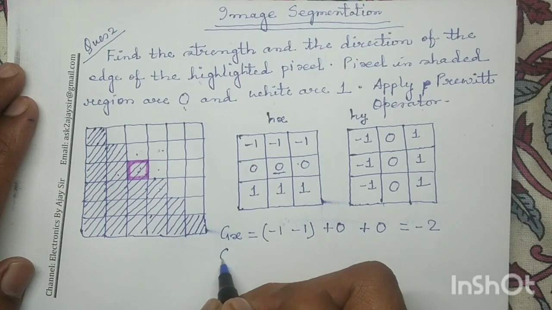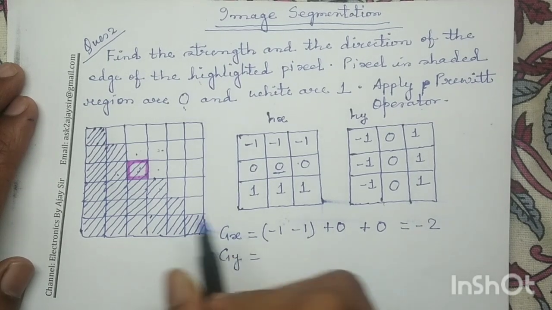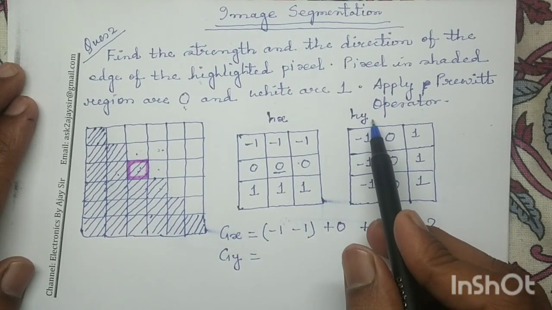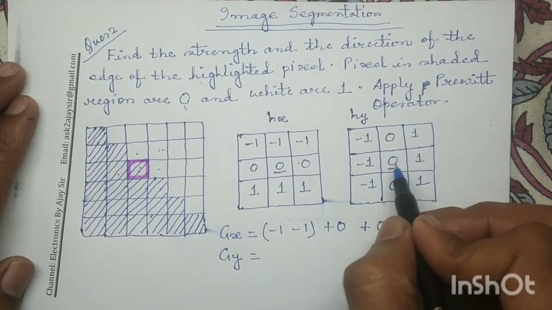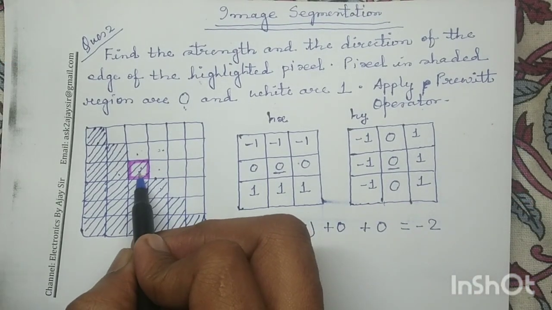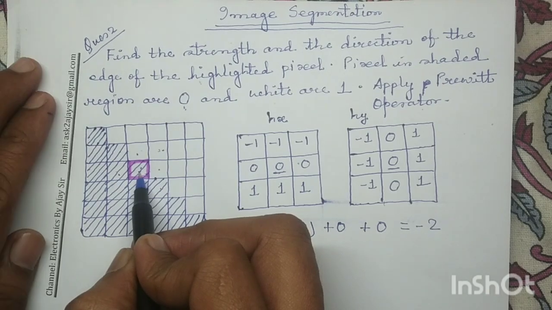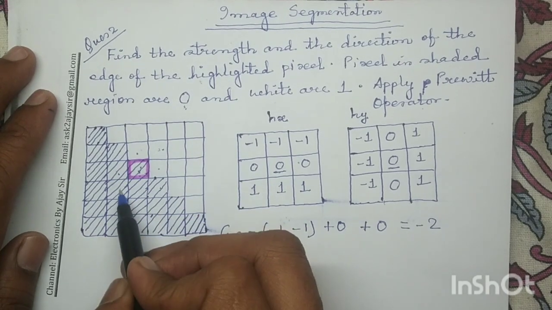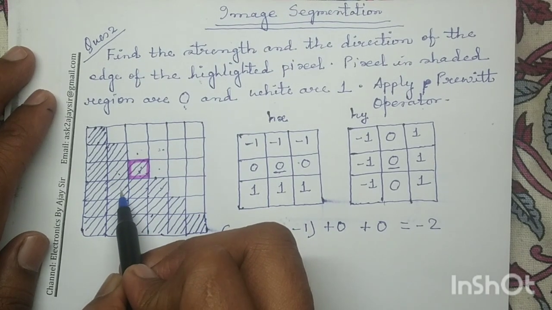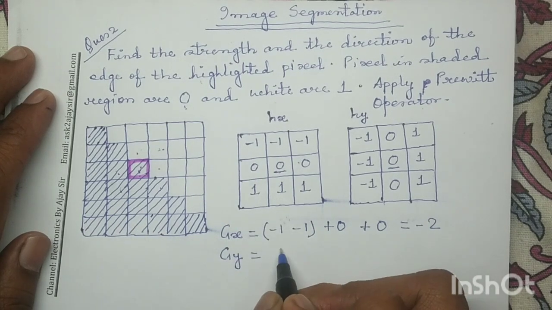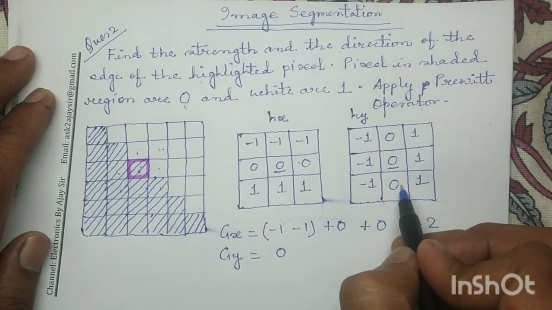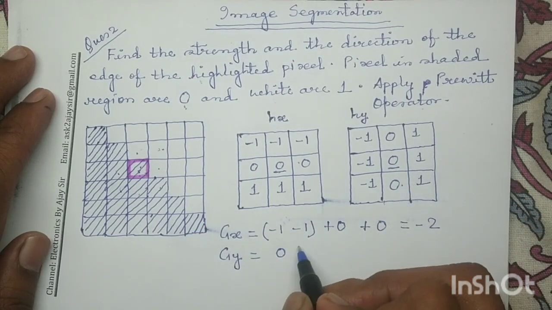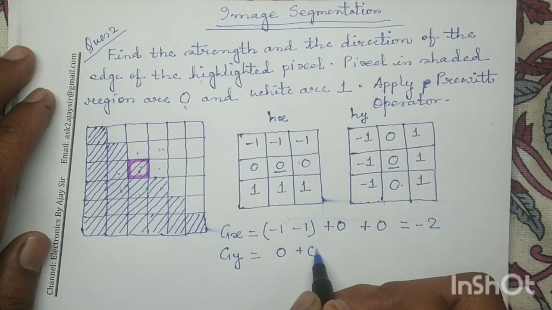Similarly, we will determine gy. For gy, we have to apply the filter mask hy. The center of this mask hy we place here, and we perform the corresponding multiplication. The first column, all are shaded, which means all have the value 0, so the first column gives 0. The second column is multiplied with the filter coefficient 0, so the result from the second column is 0.